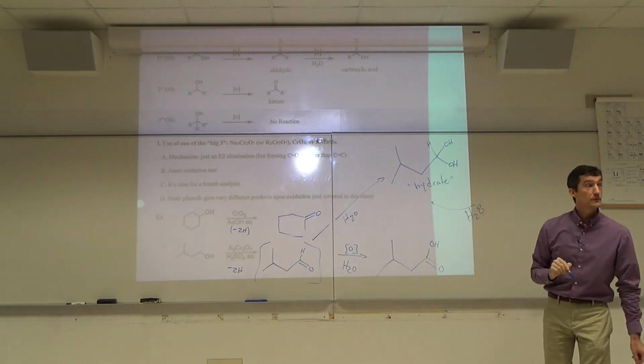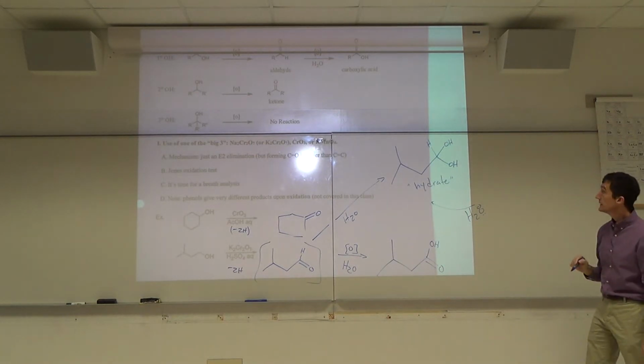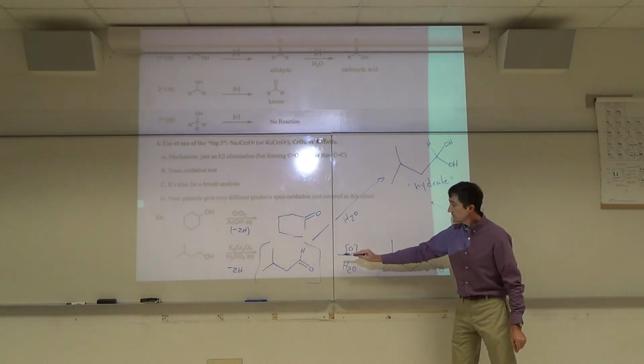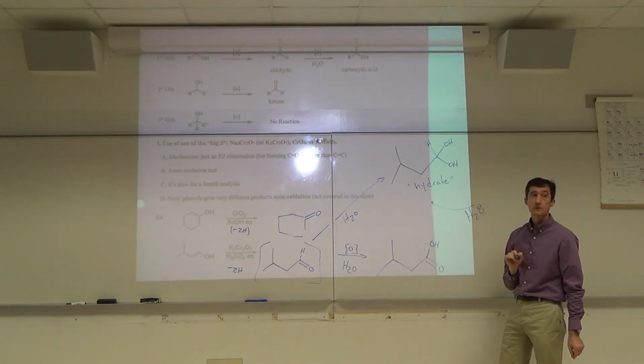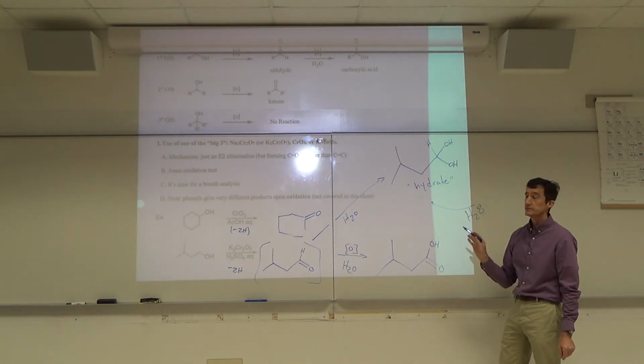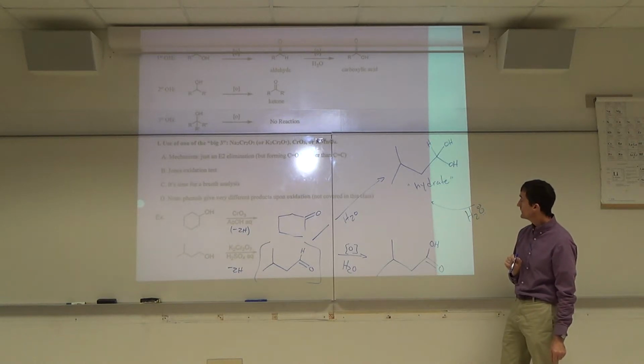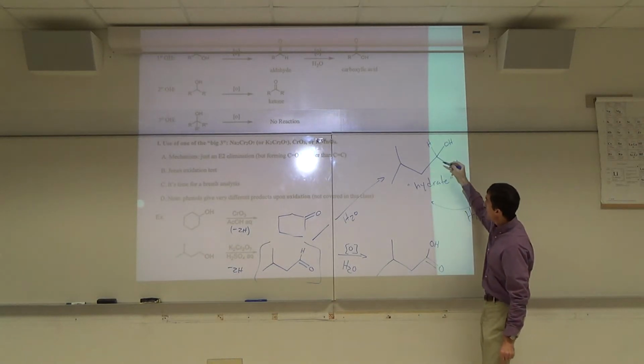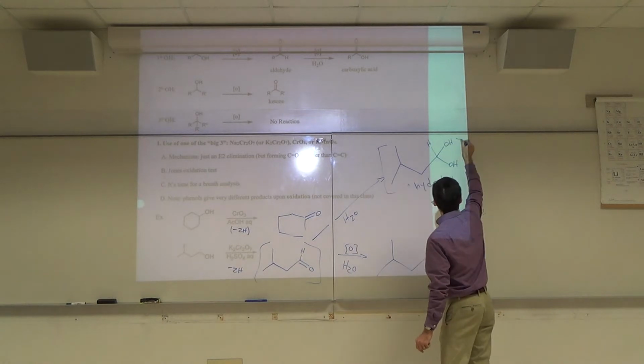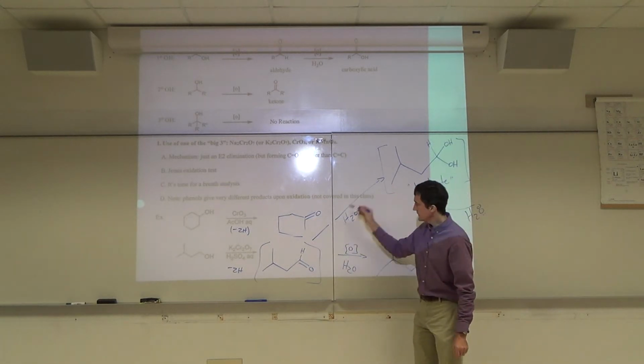If you add water to something, we call it a hydrate. Water adds to the carbonyl. We'll do this during test 4. It's very simple, just adding to the carbonyl. At this point, this is not isolated. Actually, this is an equilibrium back and forth.